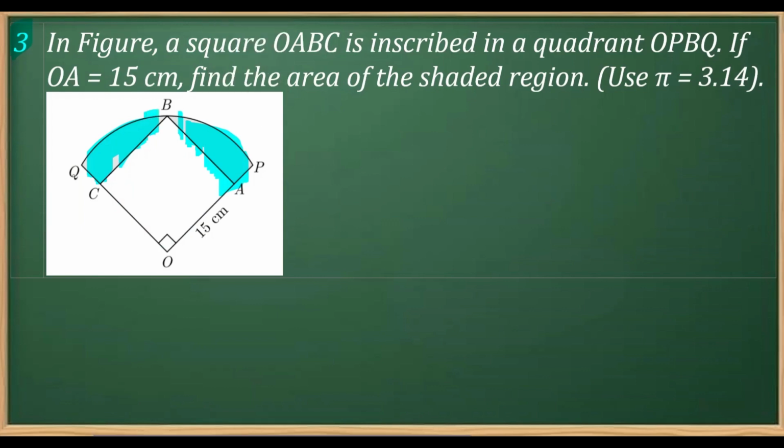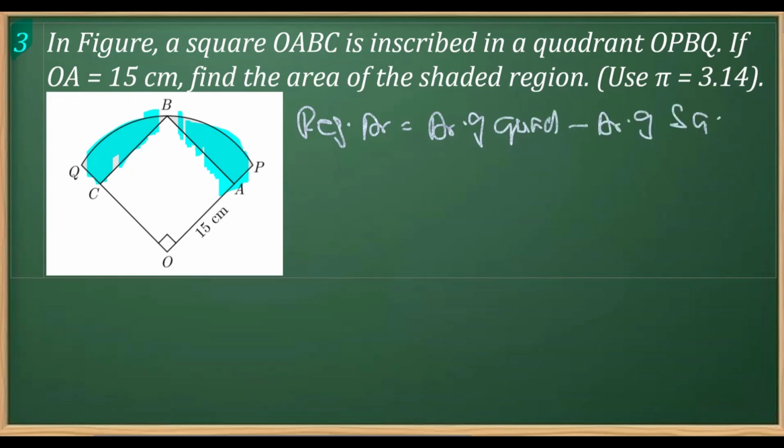Now let's start doing the question. We can say that the required area is the area of quadrant minus the area of square. Now we have a formula.